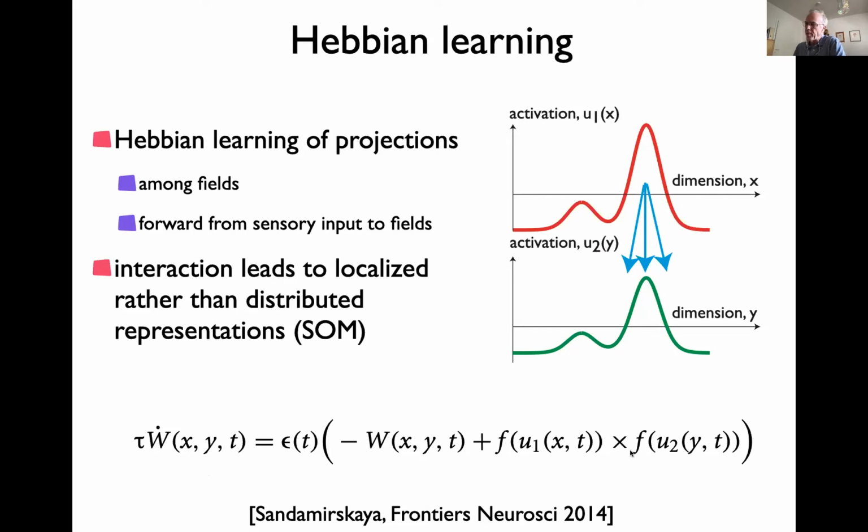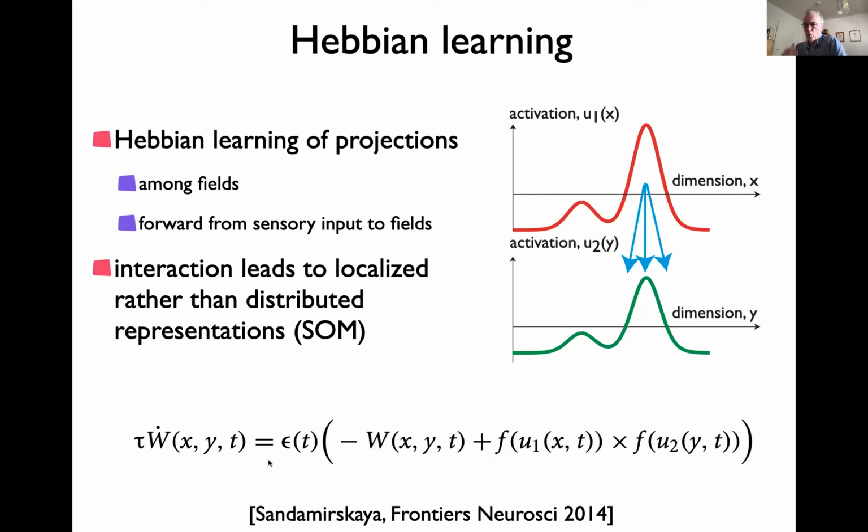And then the form of Hebbian learning means that you essentially have an attractor for the weights, this minus W, a maximum attractor, and that attractor will be dictated by the degree of co-firing, co-variation. So population 2 is defined over that other dimension, population 1 over that first dimension. When they are both active at the same time, where this F is again a sigmoid function, then this weight will be driven to an attractor in that form.